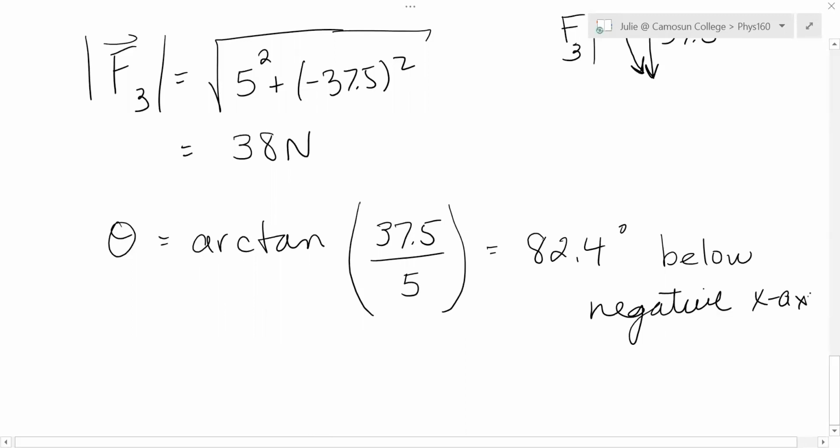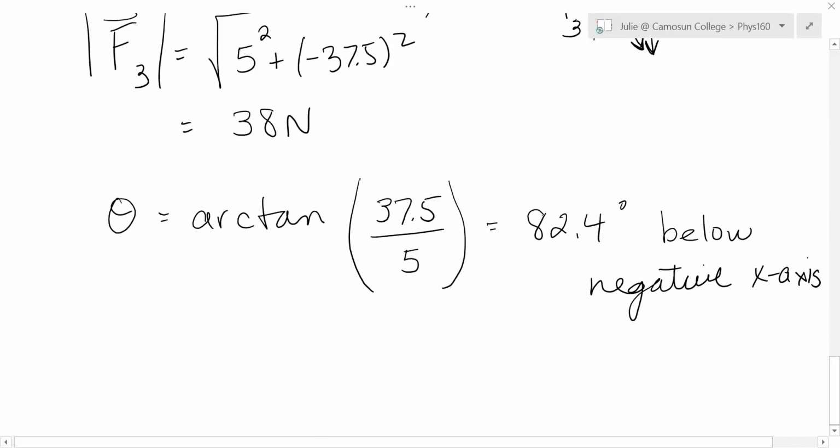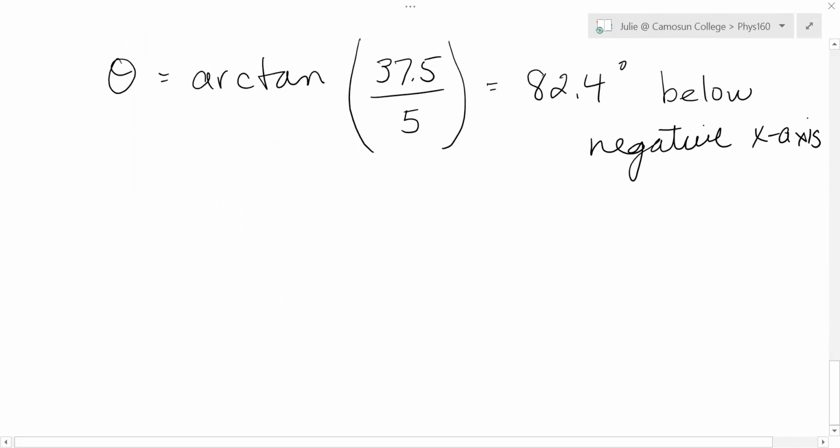x axis. Now the answer says 260. 260, 260. Oh, that's funny. 37.5. 82.